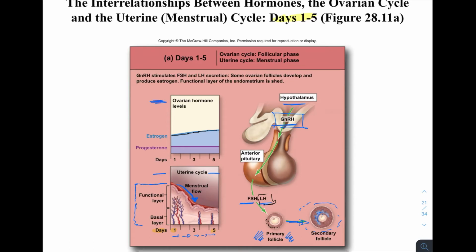So they'll start responding to it by making that estrogen. The follicle stimulating hormone is causing these cells to proliferate. And so estrogen levels should continue to rise with this trend. However, notice that progesterone is pretty flat and doesn't seem to change at this point just yet.